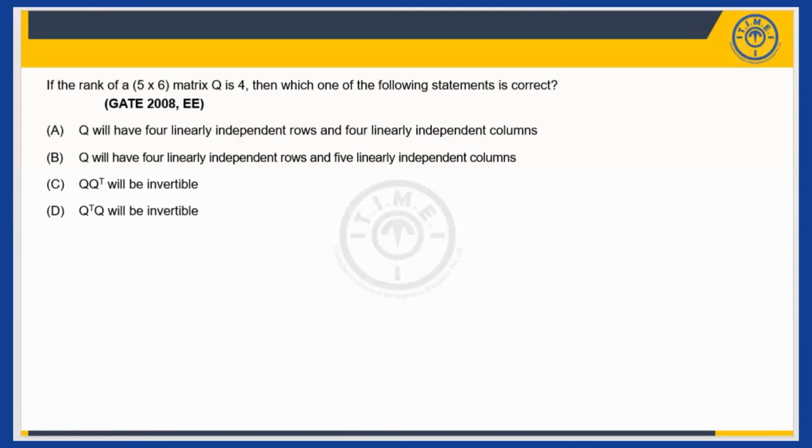Q into Q transpose is invertible. Q transpose into Q is invertible. Which is the correct one? Any guesses? So option A is the right one.